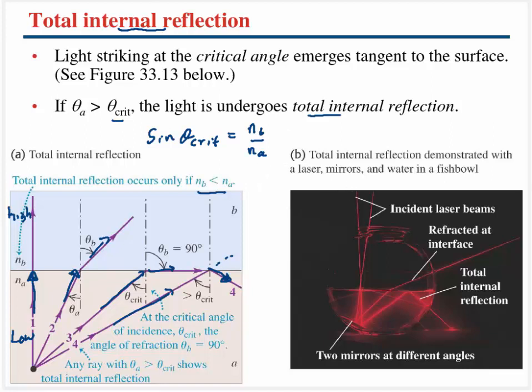We can kind of take a look at it for two laser beams that are going down into a glass bowl right here. They're going to bounce off of mirrors and get reflected off at two very close angles. However, this one right here is less than the critical angle. This one is greater than the critical angle, and so it's going to be bounced back down towards the water.